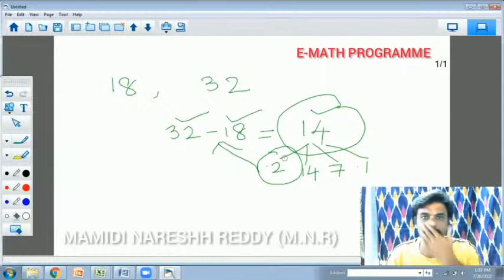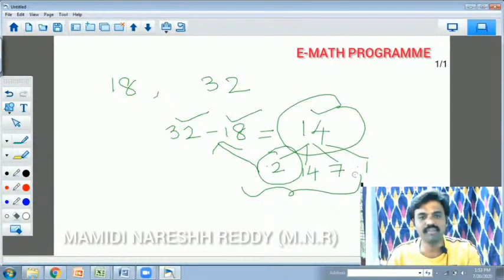For example, here we have got 4 factors of 14. If none of them is a factor of 32 and 18, then finally we take 1 as the GCD. Got the point? As we have got 2 as the common factor of 32 and 18, 2 is considered as the GCD.